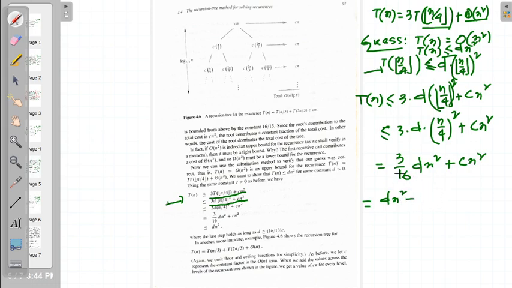Can anybody tell me, I have 3/16 dn², and I want to write dn² minus something. What should I write? Who will tell?